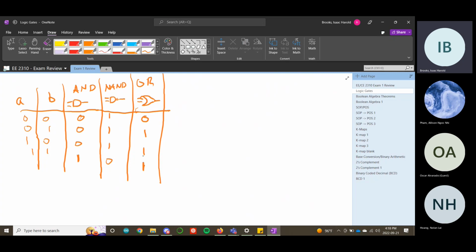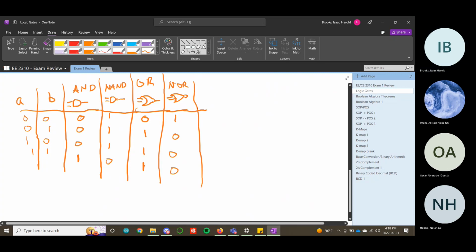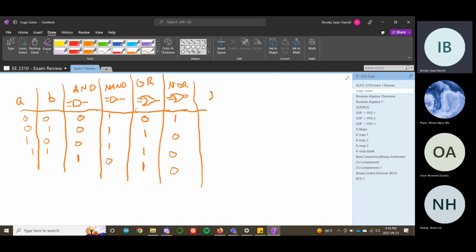Otherwise, it's 1. If either A or B or both are high, it's 1. NOR is the OR gate with an inversion bubble. That's going to be the opposite of OR, so 1, 0, 0, 0. And then the ones that I think are a little trickier is the XOR.